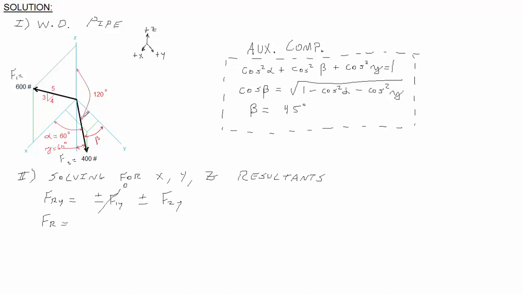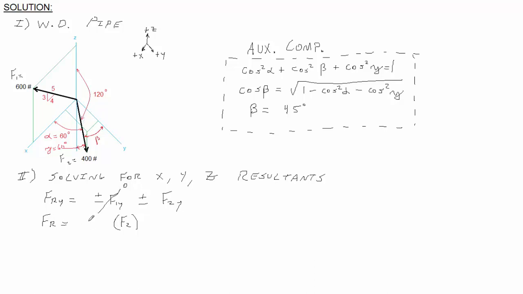FRy then equals F2's y component, which is going to be in the positive direction, and it will be F2 times an angle. Once again, we have a right triangle that can be made up of the y-axis, F2, and then a diagonal line between the two of them. That right triangle's angle is beta.